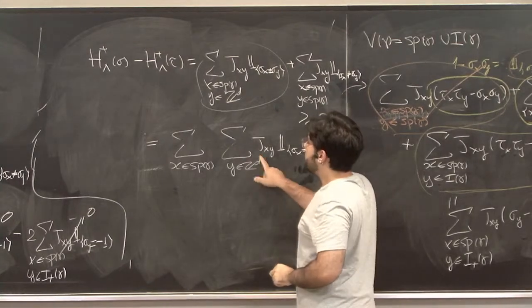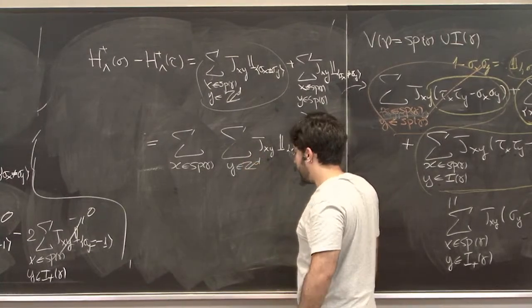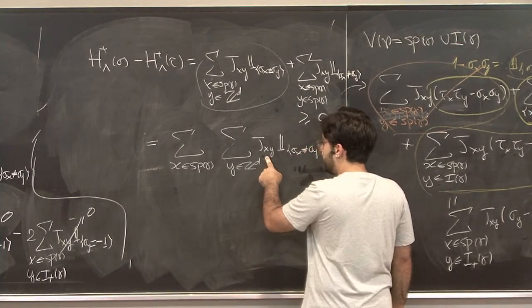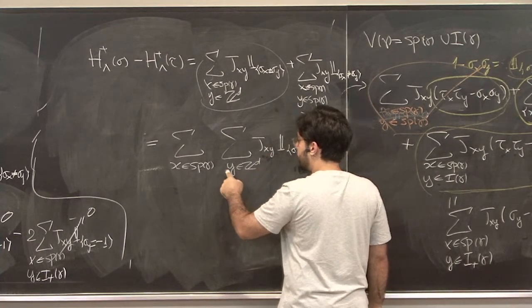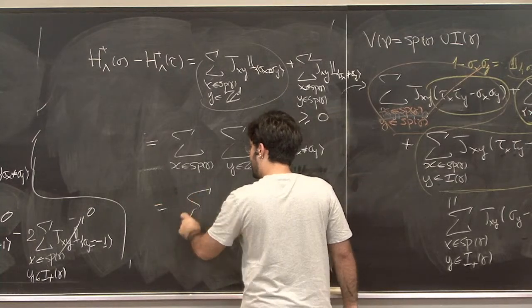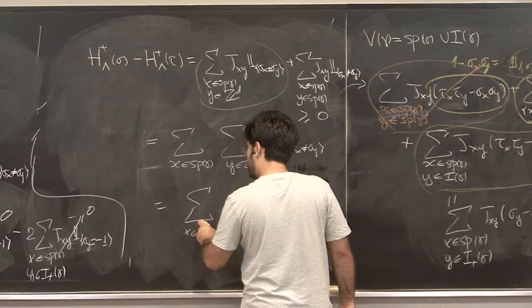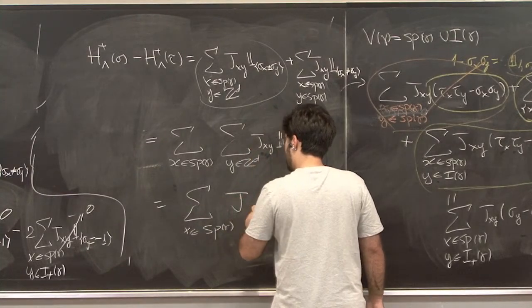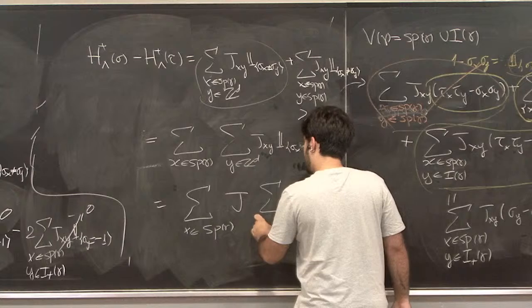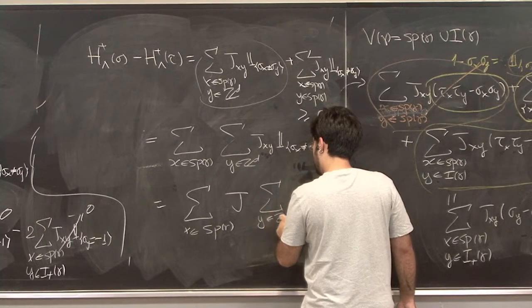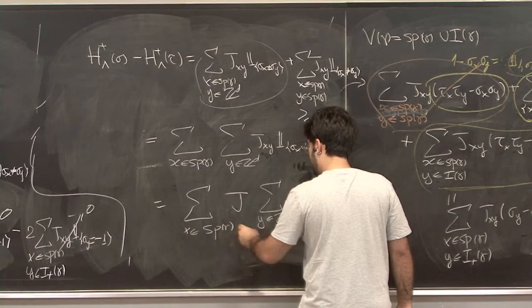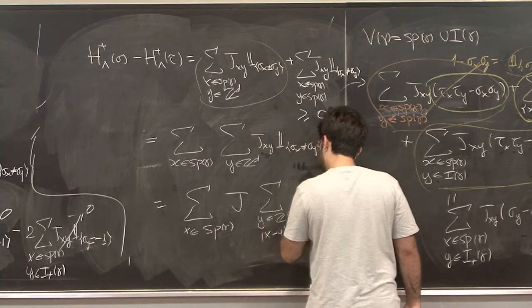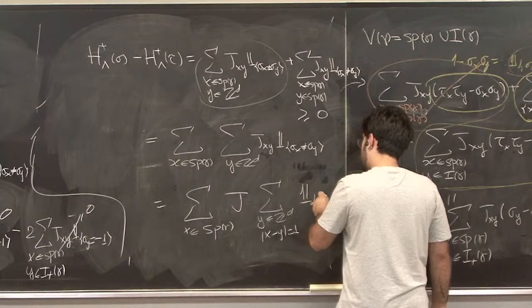But remember, we are in the ferromagnetic, nearest neighbor case, so this will be J only when x is a nearest neighbor of y, so x minus y equals 1. Sum this characteristic function.